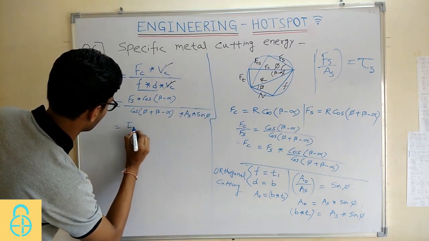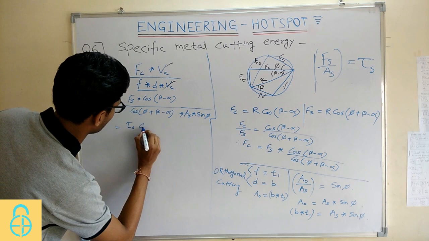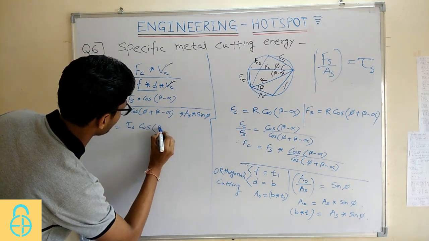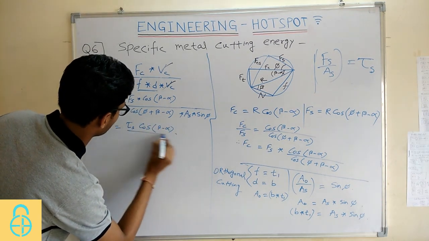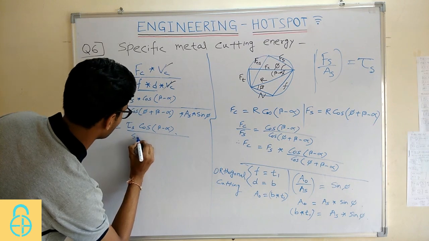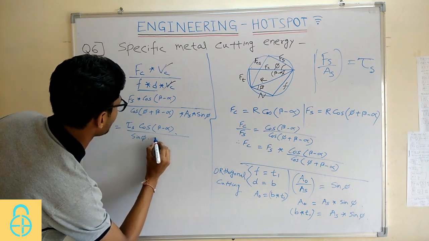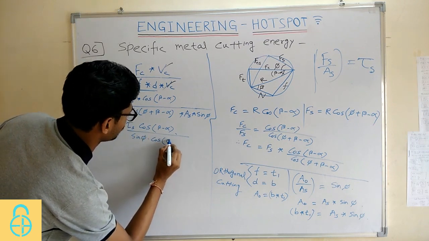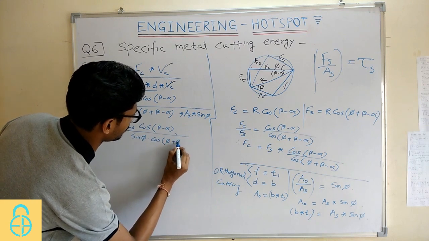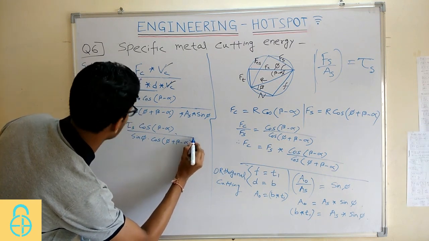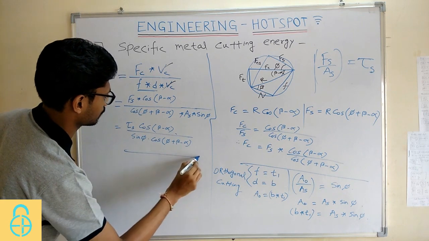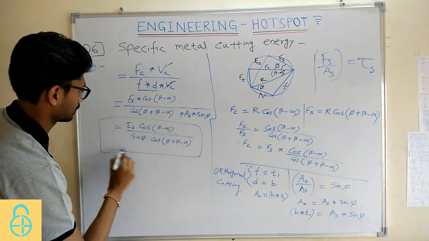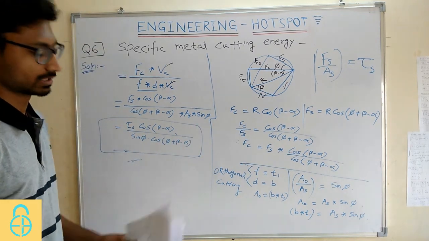So this will be tau s into cos of beta minus alpha upon sin phi into cos of phi plus beta minus alpha. So this is the final expression for our required answer.